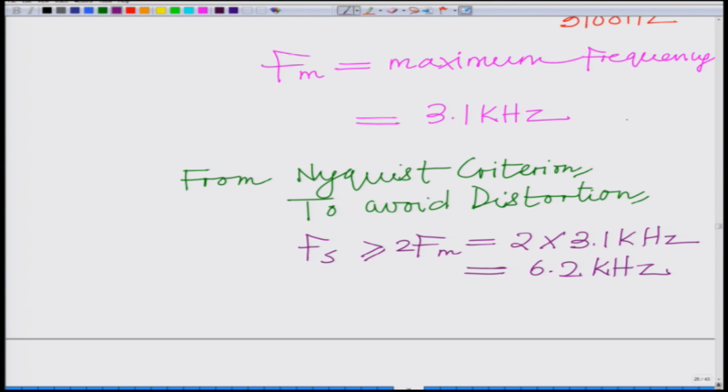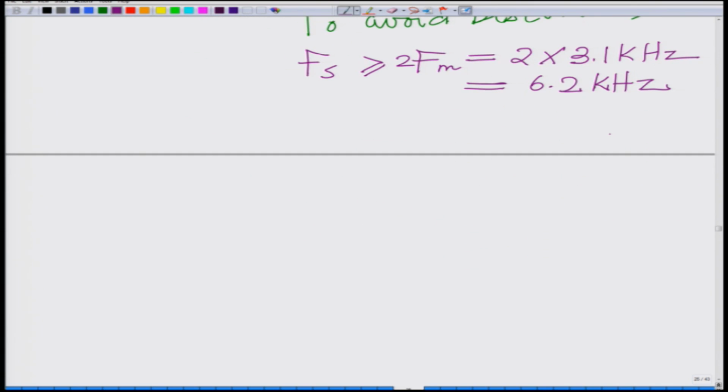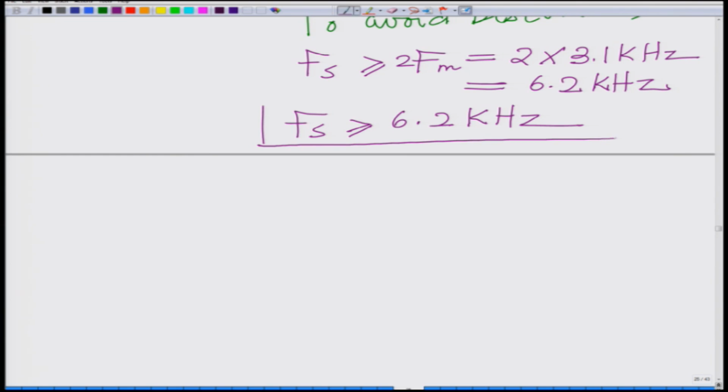So, the minimum Fs is basically 6.2 kilohertz. That is to avoid aliasing. We know this, right?